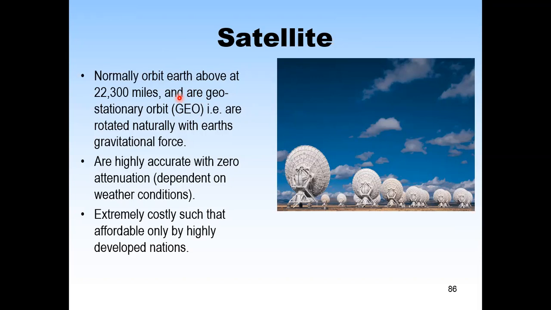But at GEO level, we require three satellites, each covering 120 degrees. In this way, the entire 360 degrees of the world can be covered by using three satellites, as one satellite covers approximately 120 degrees of Earth.